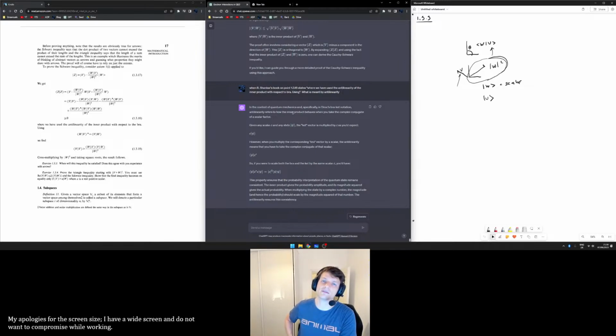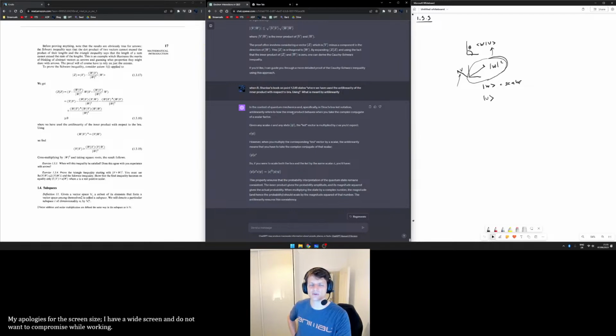It's the reverse of what the vector is, isn't it? Because you're going to essentially negate the complex part of the number, or the scalar. So I'm not sure why that's anti-linear.